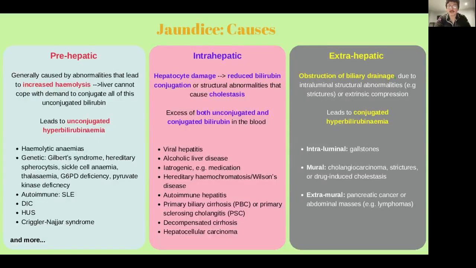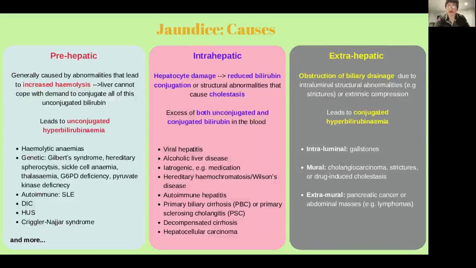So things like hepatitis, viral hepatitis, autoimmune hepatitis, drugs, alcohol liver disease, NAFLD, PBC and PSC can also cause posthepatic or obstructive, but eventually, they can also cause cirrhosis, and that can cause hepatocyte damage as well, and also hepatocellular carcinoma.